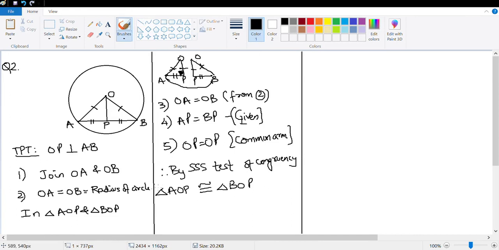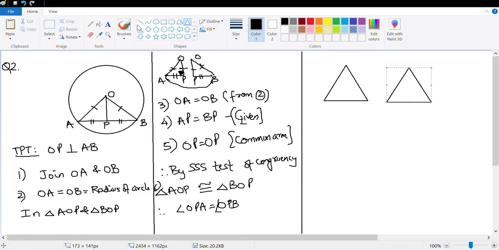So this is my part 6. So now that these two triangles are congruent, therefore angle OPA is equal to angle OPB. Right? Did I share this with you earlier? In case two triangles are congruent, which means if these two triangles are congruent, then all corresponding sides are equal. Corresponding sides are equal.